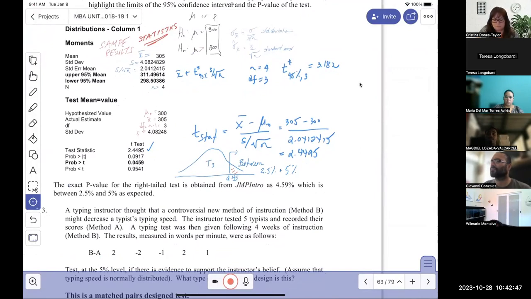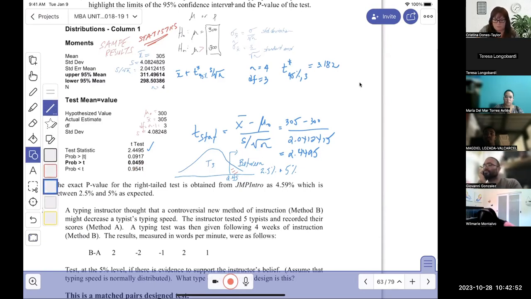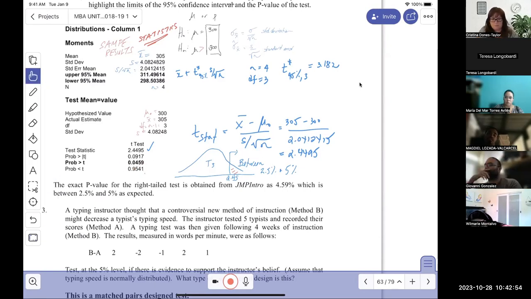And in the output, the software is able to estimate it. So it's closer to 5%, it's 4.59.